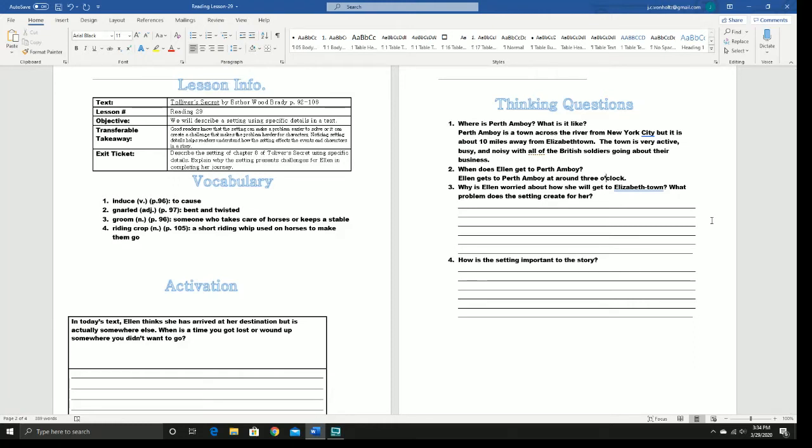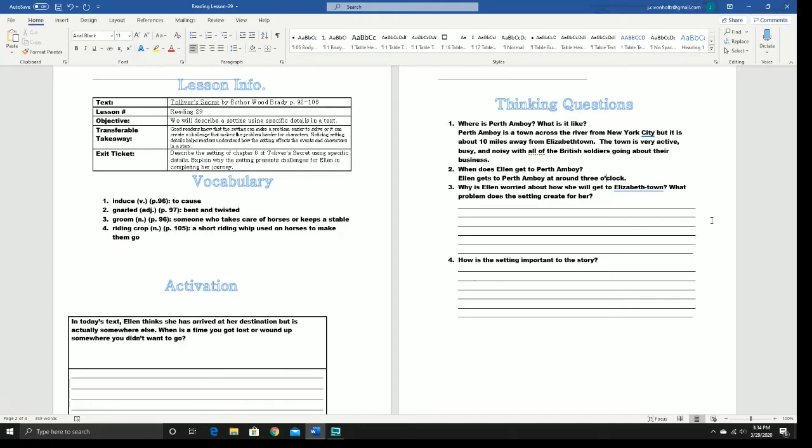But this part shows that the British have taken all the stagecoaches, and so the setting, not only of Perth Amboy in the winter before it gets dark, but also the setting of taking place during the Revolutionary War, is part of what creates the problem for her. Because the British soldiers are there, she has a really hard time getting the transportation she needs to go to Elizabethtown, which she wouldn't need to go to at all if the British weren't there.